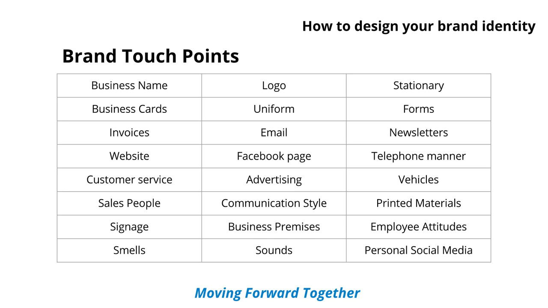If you're trying to represent a modern, forward-facing image, don't use old Gothic style text. Your office or business premises, employee attitudes, any smells or sounds. It even comes down to your Twitter background or personal social media pages, or how you interact with people on social media, such as Facebook groups.